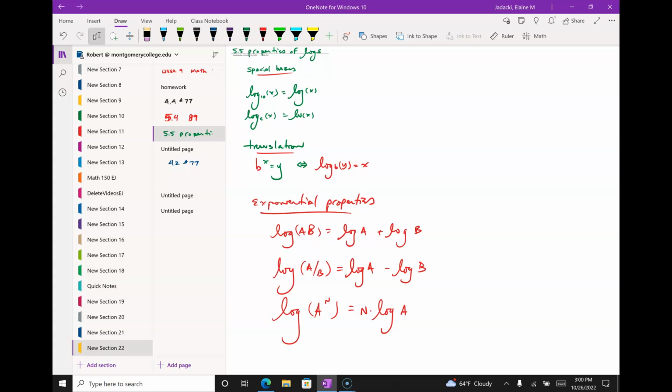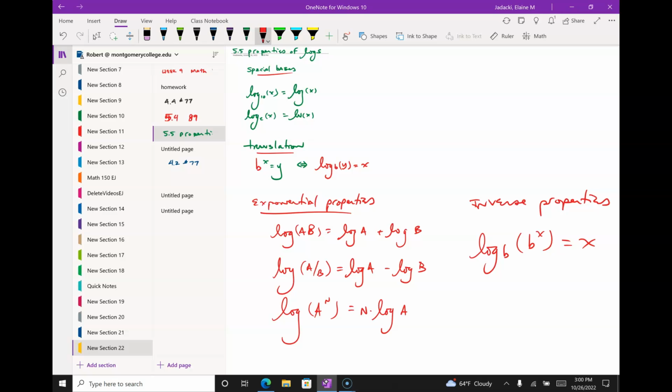We have inverse properties. That is log base b of b to the x is x. When I compose inverses together, I get x.